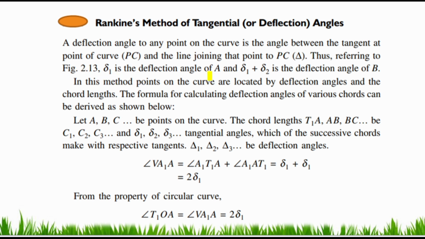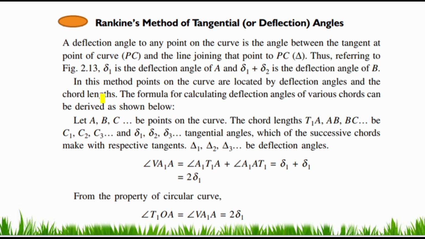So the deflection angle of A is equal to deflection angle 1 plus deflection angle 2, and that of B is the same. This whole concept is the same as the method from the chord produced. I've done a good video there, make sure you go ahead and look at it, even with simple illustrations.